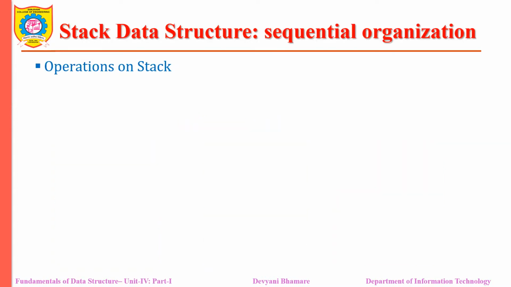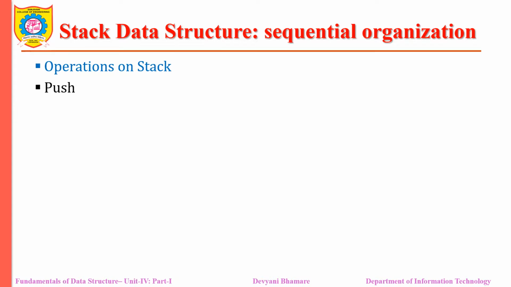We know that the stack is a collection of similar type of elements, or also we can say the stack is a linear data structure. But the constraint is that we can perform insertion and deletion operations at only one end, and that end is pointed to by the top index.